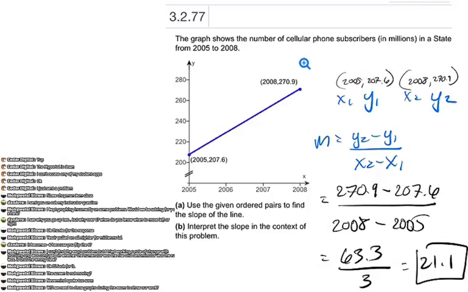Each year, yeah, 21.1 million. So I'm going to say it increased 21.1 million each year. Cool. Fantastic. All right. Well, we need to draw graphs.